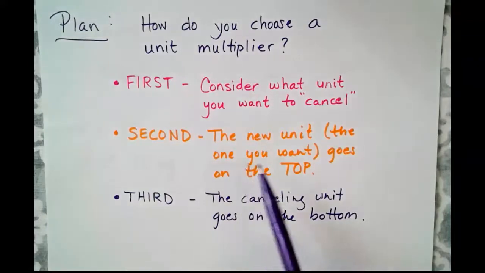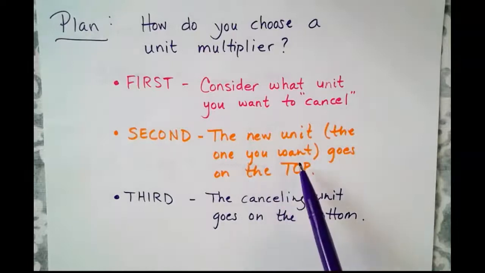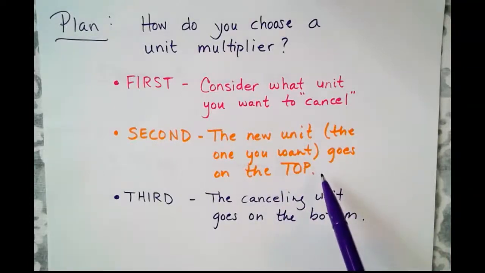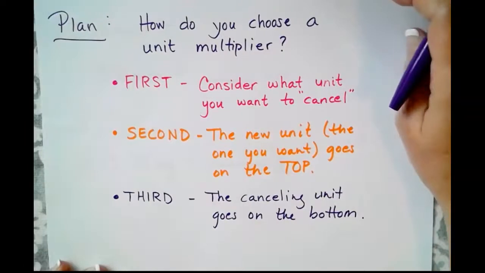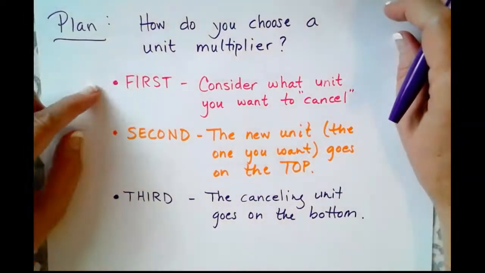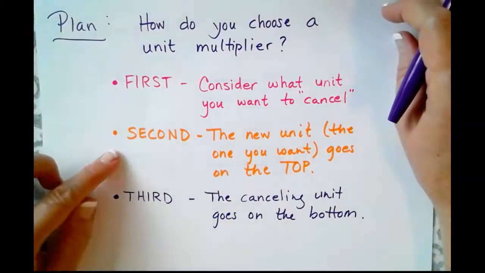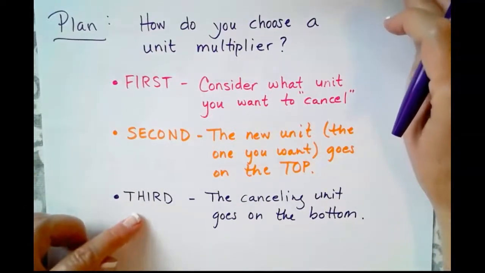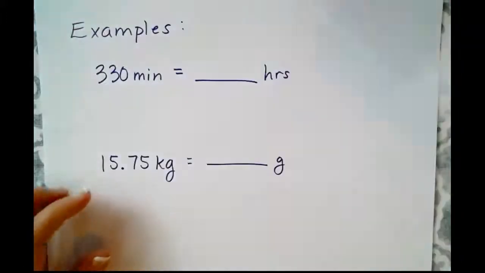Second, the new unit, the one that you want, is going to go on the top of your unit multiplier. Third, the canceling unit, the one you don't want, will go on the bottom in order to cancel. So this is our plan. First, consider what you want to cancel. Second, the new unit goes on the top. Third, the canceling unit goes on the bottom.